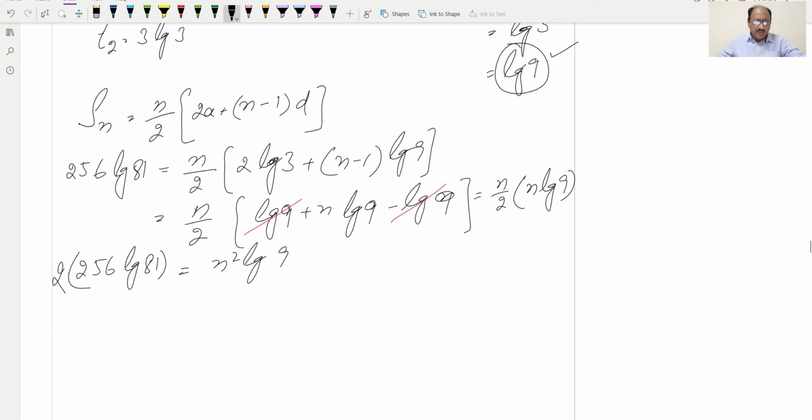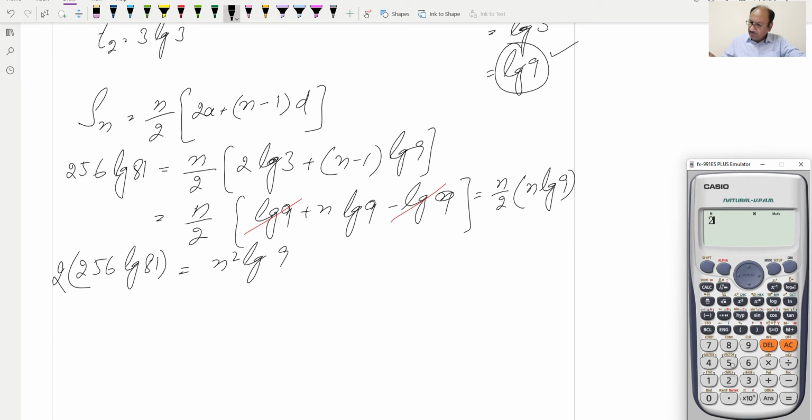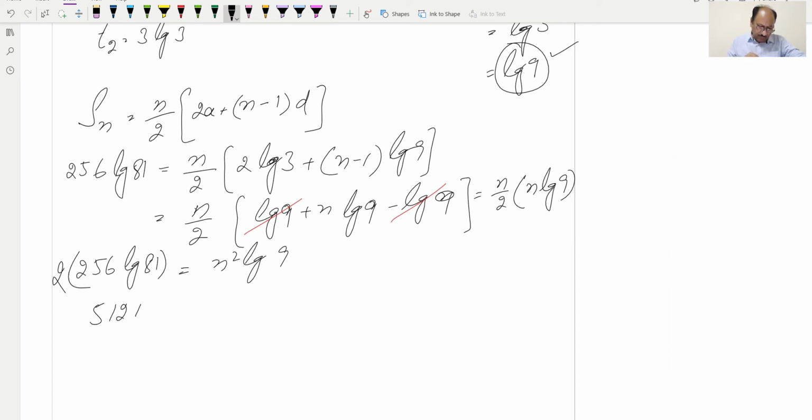We can rewrite it as 256 multiplied by 2 will be equal to 512. So 512 log 81 is equal to n squared log 9.